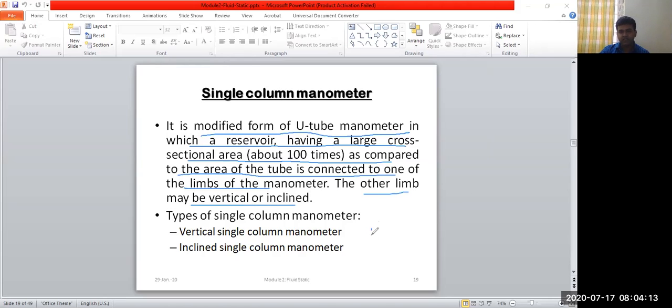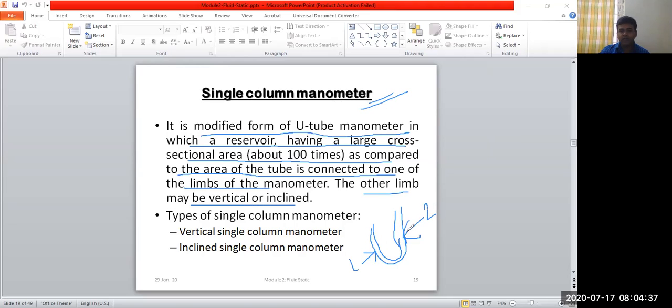You can see this is the shape of the U-tube manometer. The single column manometer is a modified form of the U-tube manometer. This is one limb, and this one is your second limb.